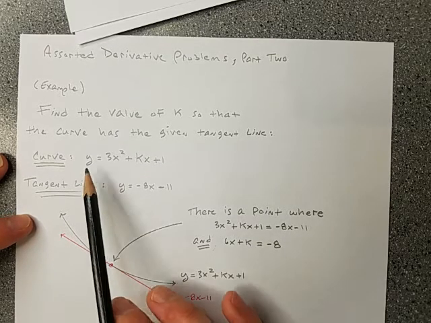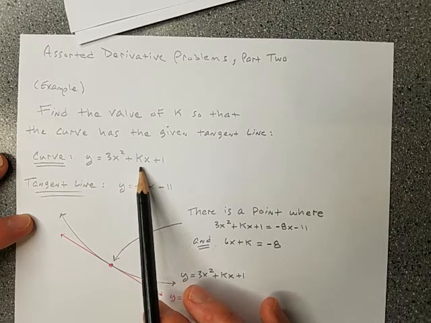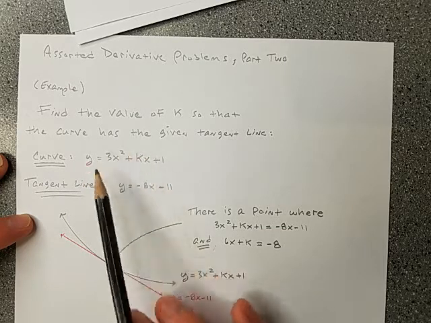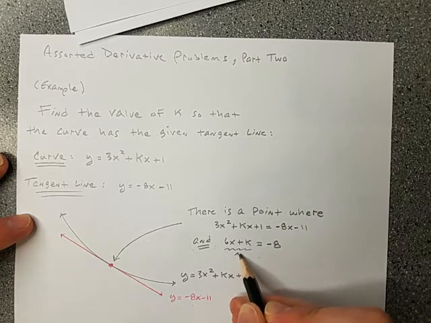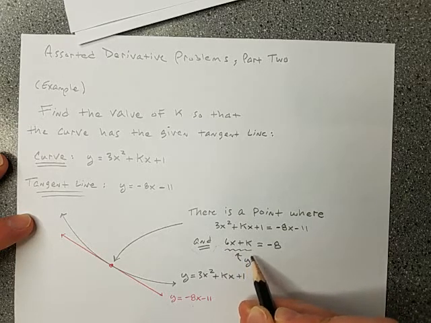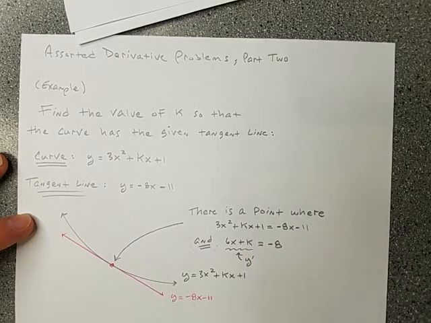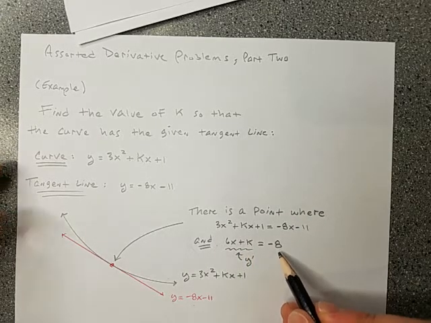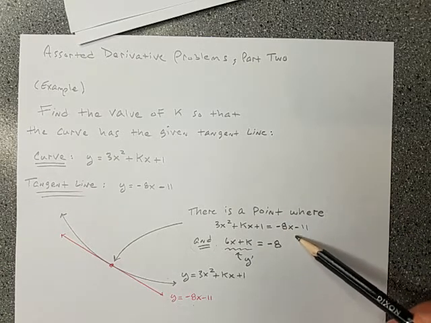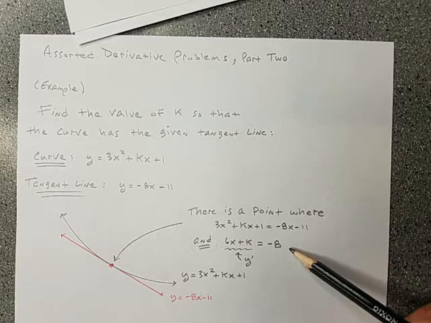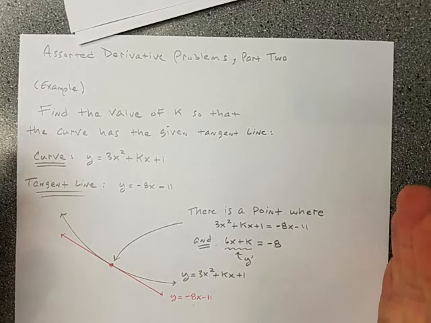So y is 3x squared plus kx plus 1. If we use our rules, y prime, being the slope of that curve, is 6x plus k. And that would need to be negative 8, which is the slope of the tangent line. So we come down to solving this problem through solving those two equations. That's the overview.